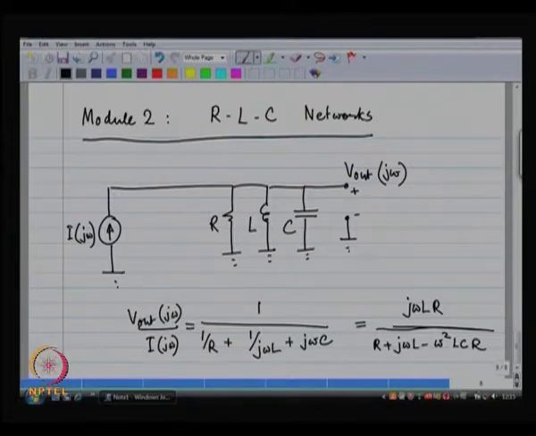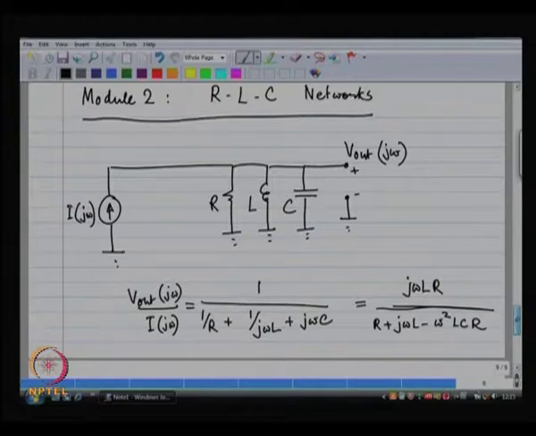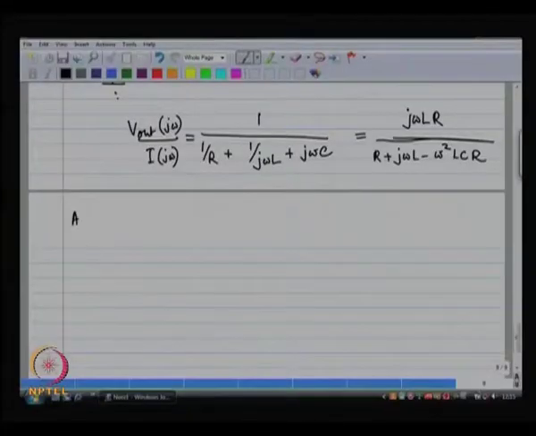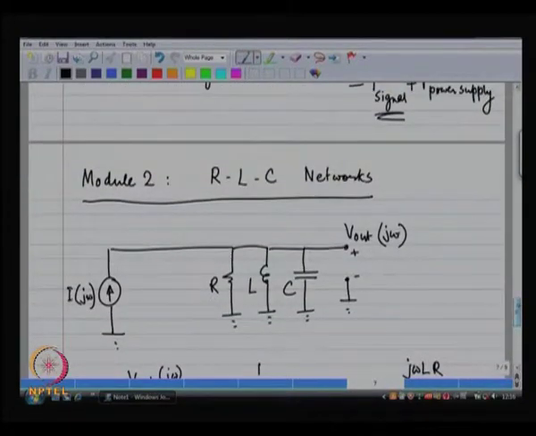Okay. Is this correct? It seems like it is correct. So, how do you know if it is correct or not? At DC, so omega equal to 0, what does our V out by I look like? What does the impedance look like? At omega equal to 0, the inductor is a short circuit.